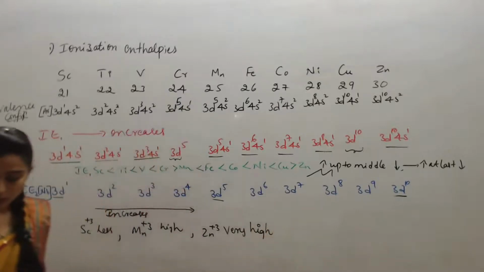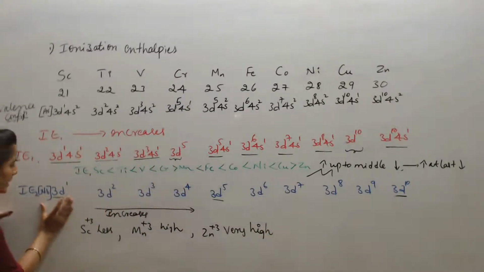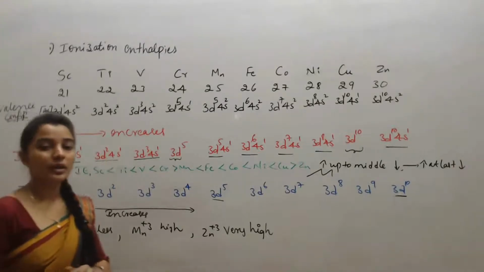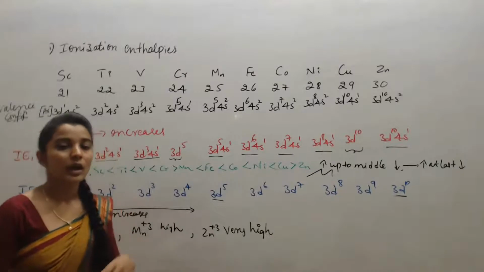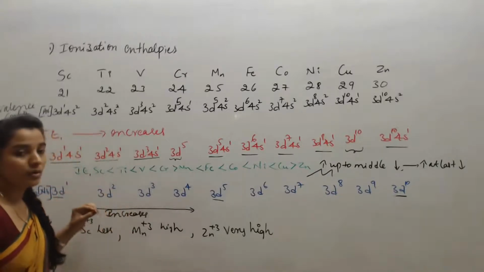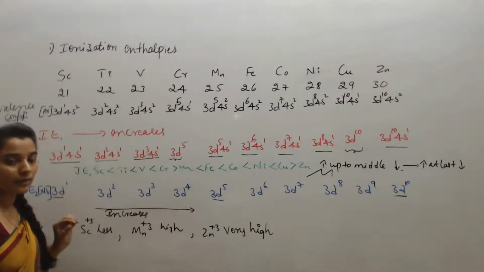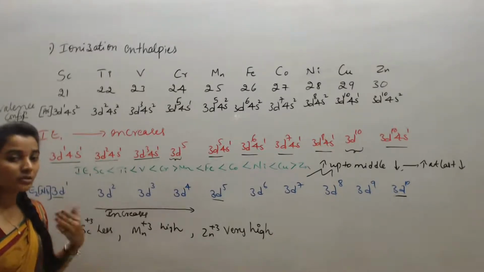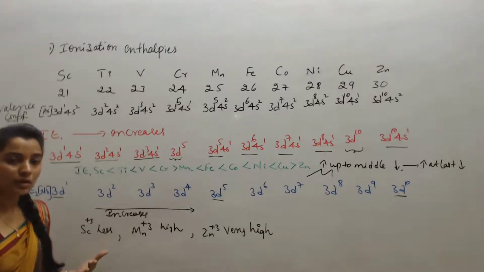Why, students? So listen, here scandium is there, that is noble gas 3d1. So if it loses one electron, it easily attains a noble gas configuration. And you know, to attain the noble gas configuration, an element always tries to be in the stable form. The noble gas configuration is the highly stable configuration, so that is also called the octet configuration.